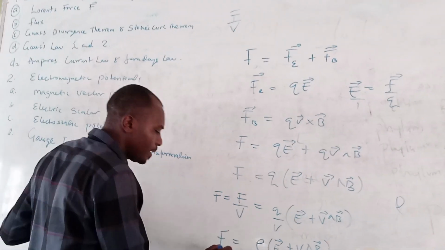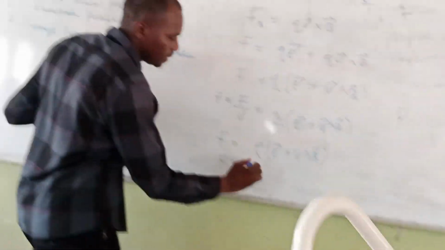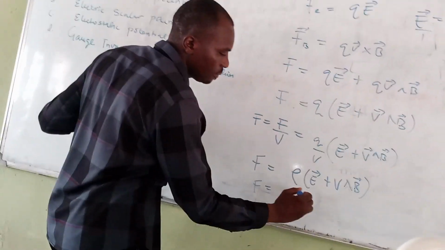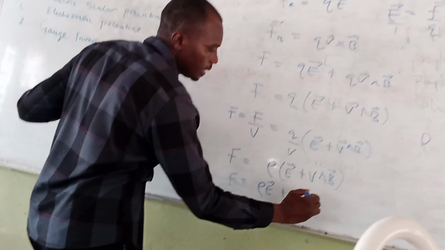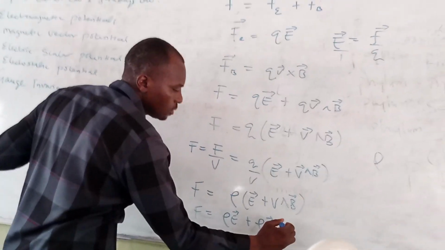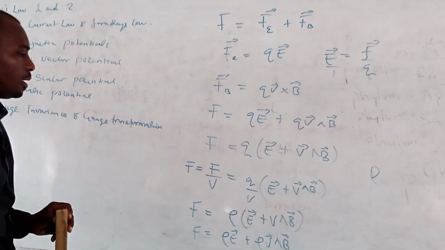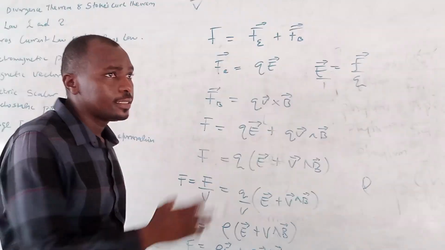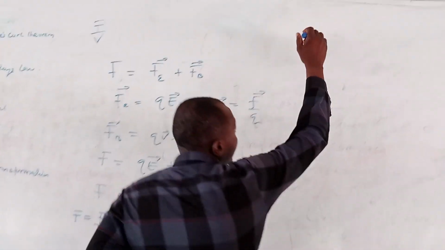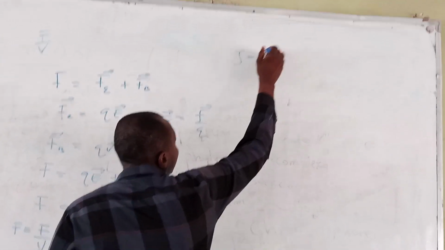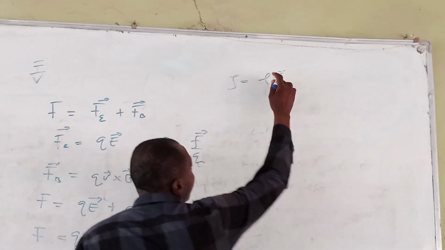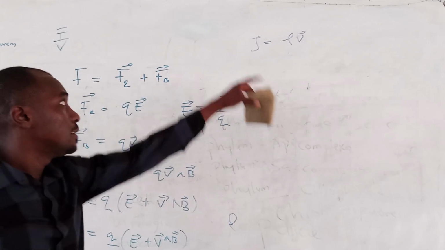Now, if I expand this bracket by opening it, I will have plus rho multiplied by velocity cross B. Isn't it? There is what we call current density. Current density is given by J, which is the velocity multiplied by the charge density.